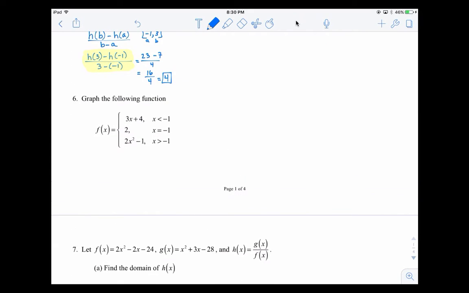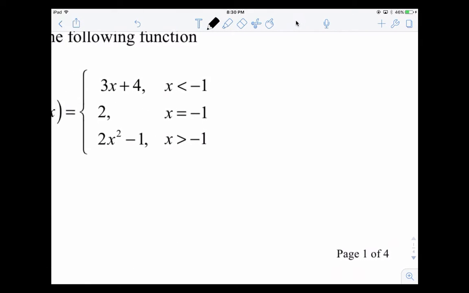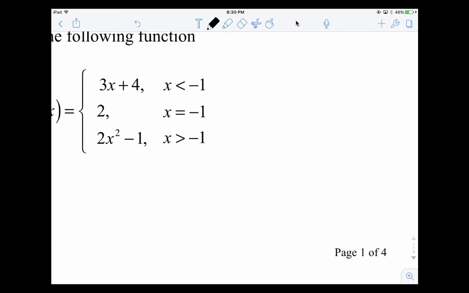All right, so the next one is graphing a piecewise function. I would again draw out an axis for yourself.